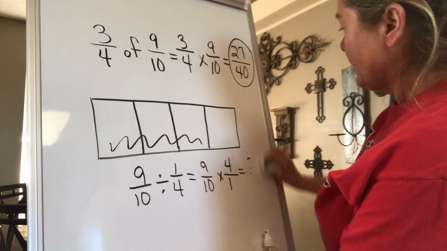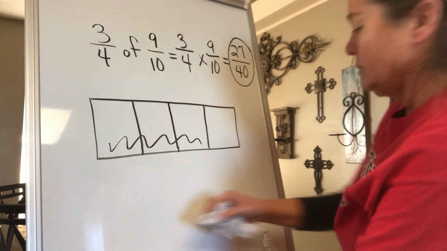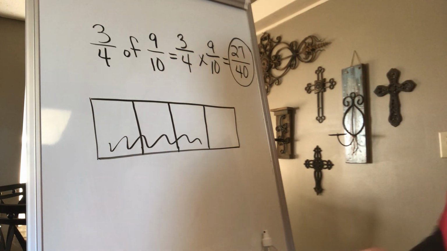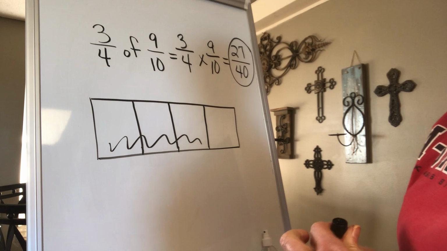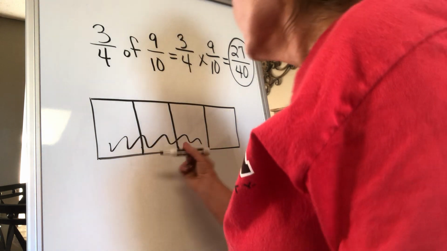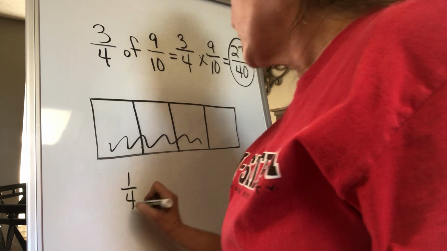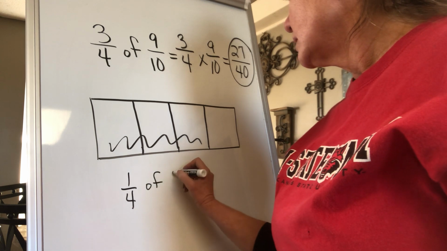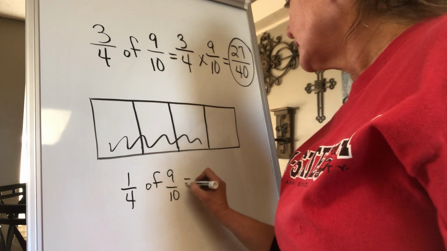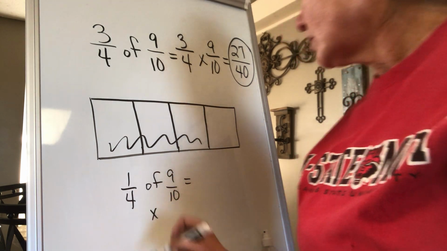So instead of dividing by 1/4, what if we had 1/4 of 9/10? Let's see if that makes sense. 1/4 of means multiply.